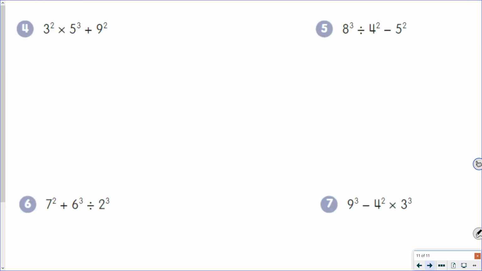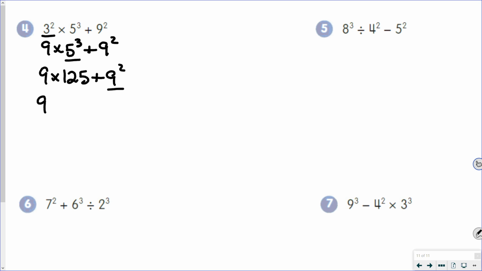And then our final examples. 3 squared is 9. And you'll notice once again that I'm doing one step at a time, underlining what I'm doing. So 5 cubed is 125. And this way I don't get confused and I'm just going very methodically through my steps. 9 squared is 81.